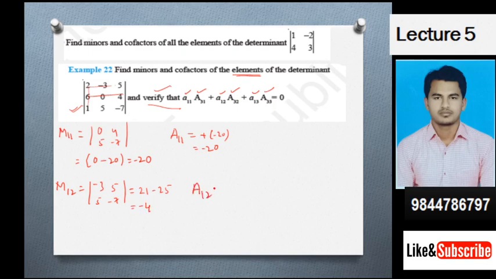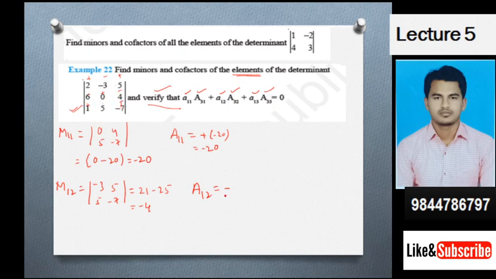What can you say about A12? 1 plus 2 is 3. Minus 1 to the power of 3 means it is negative. Or else, if it is difficult, I told you in the previous class: plus minus plus, minus plus minus, plus minus plus.